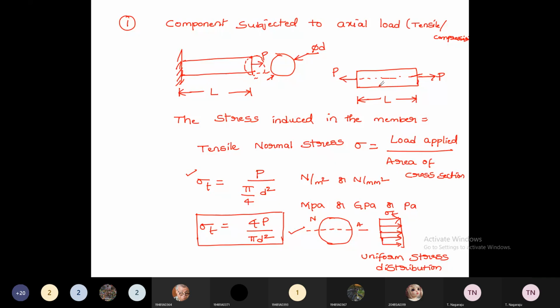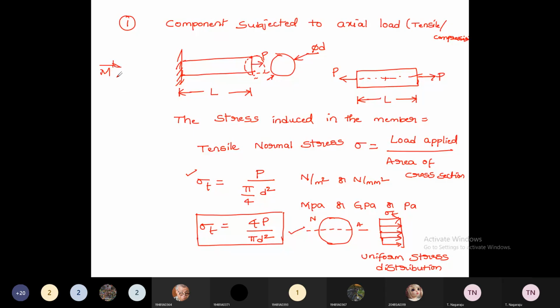In axial loads, we have two types. When the force direction is away from its center, it is called a tensile load. Force is a vector quantity: it has a magnitude and also a direction, either left to right, right to left, top to bottom, or upward.